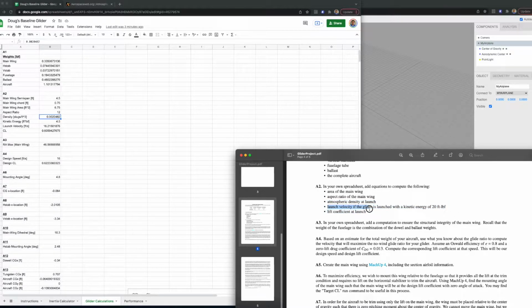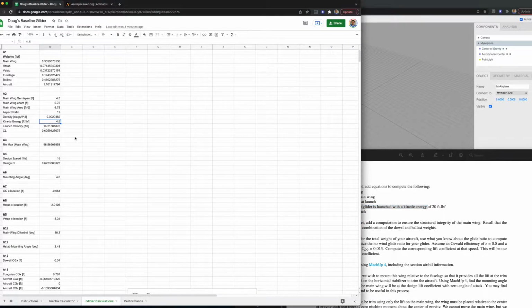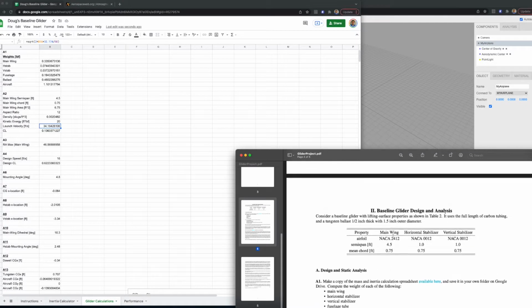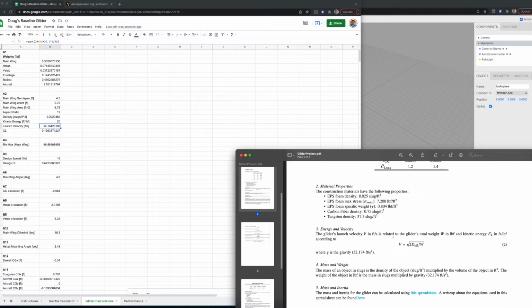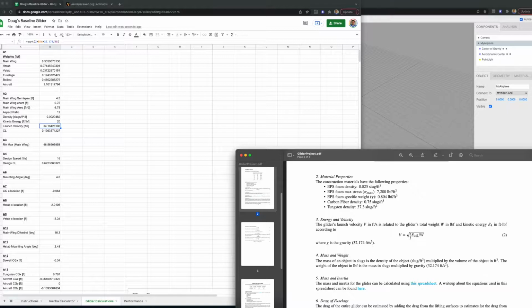Launch velocity if the glider is launched with a kinetic energy of 20 foot-pounds. Okay, so actually I've edited this. Let's put in the 20 there. So this is the kinetic energy. We've got 20 foot-pounds. And then what's the launch velocity? Well, the launch velocity was given to us up here, an equation for the launch velocity. It's equal to the square root of 2 times the kinetic energy times gravity over weight. Okay, so I've just typed that in here.